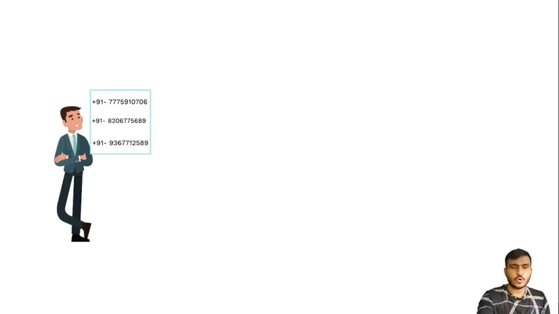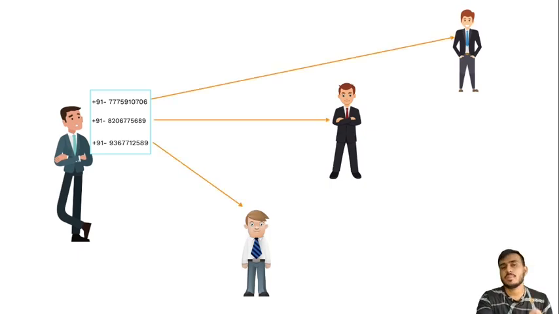So if he has to contact boss 1, then he can use number 1. If he wants to contact boss 2, then he can use mobile number 2, because that belongs to boss 2. And similarly, if he wants to contact boss 3, then he can use mobile number 3. Mobile number 3 doesn't really belong to boss 3, but it belongs to the manager of boss 3.